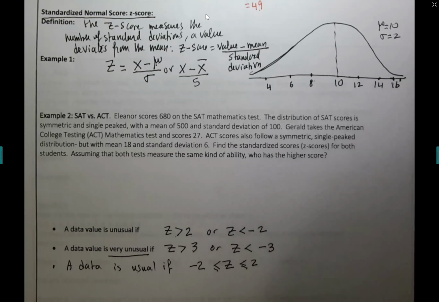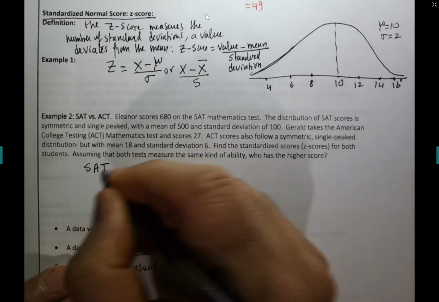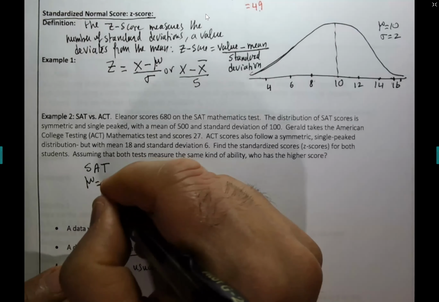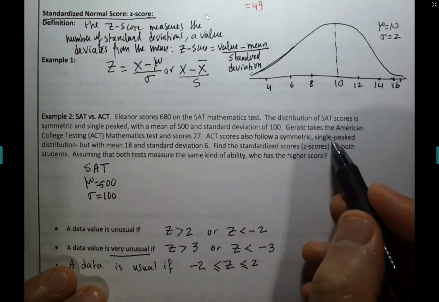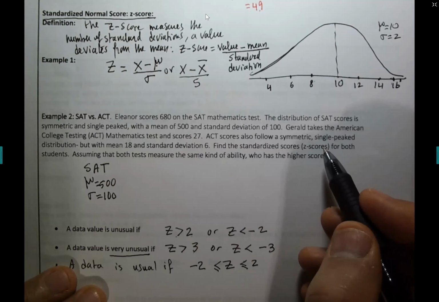Eleanor scores 680 on the SAT mathematics test. The distribution of SAT scores is symmetric and single peaked, with a mean of 500 and a standard deviation of 100. Gerald takes the American College Testing, ACT mathematics test, and scores 27.